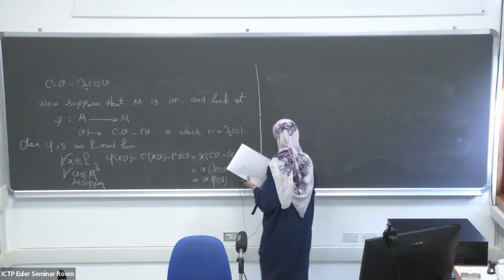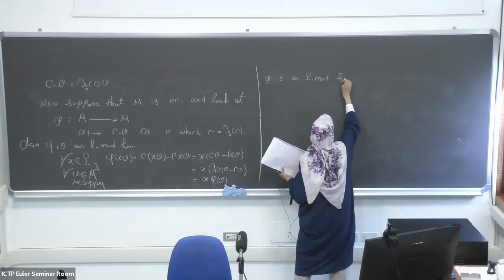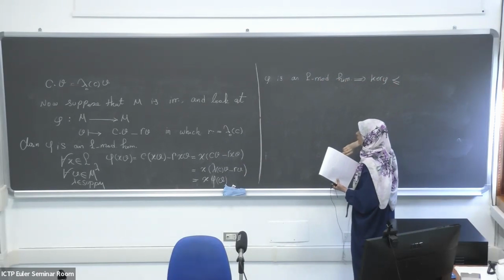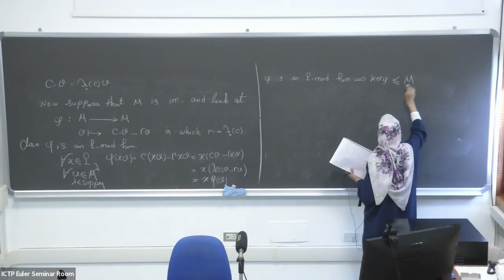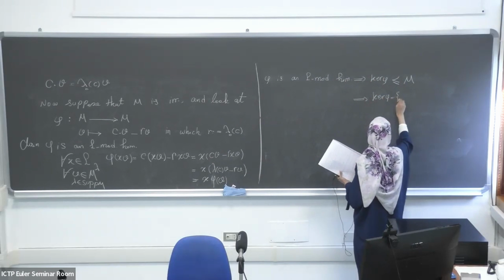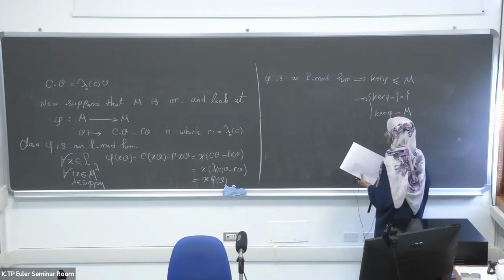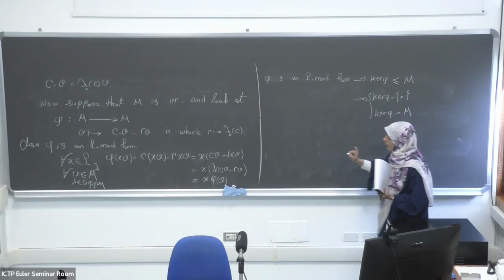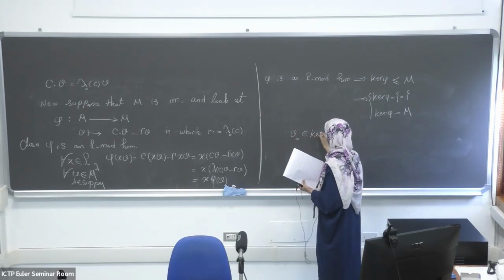So phi is a module homomorphism. Then kernel of phi is a submodule of M, but M is irreducible, so we get kernel of phi equals 0, or kernel of phi is entire M. And at least we know kernel of phi is not 0 because for sure V0 is an element of kernel of phi, right?